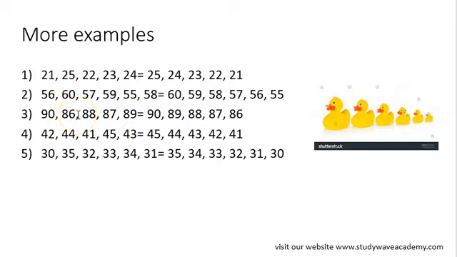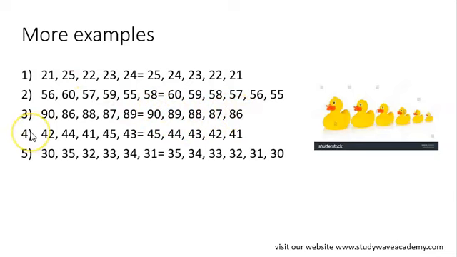So we are going to write it out and arrange it from the biggest to the smallest. Let's go. We have 90, 89, 88, 87, and 86. We did what? We arranged the numbers from the biggest to the smallest. Okay?